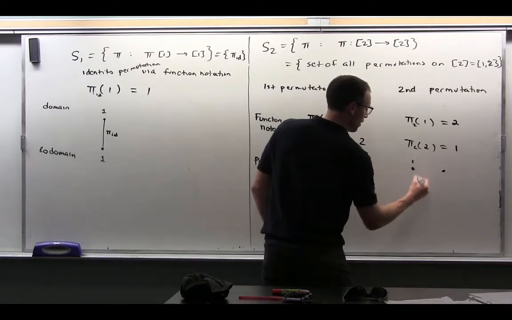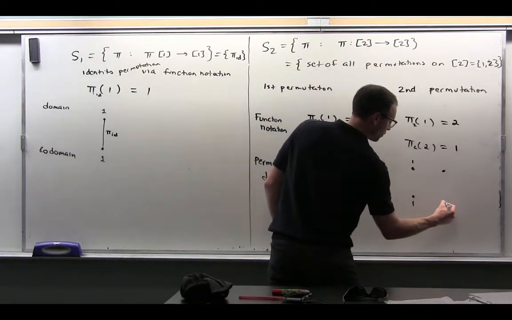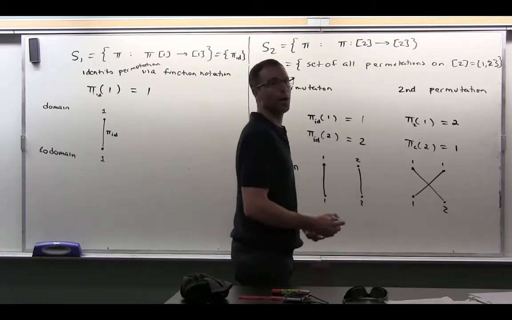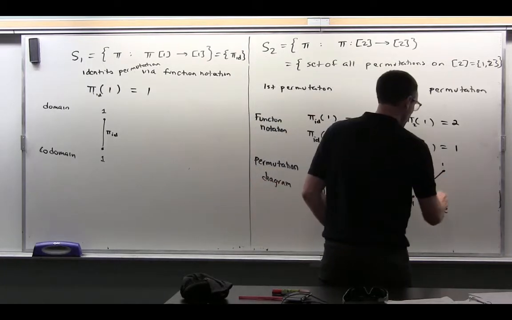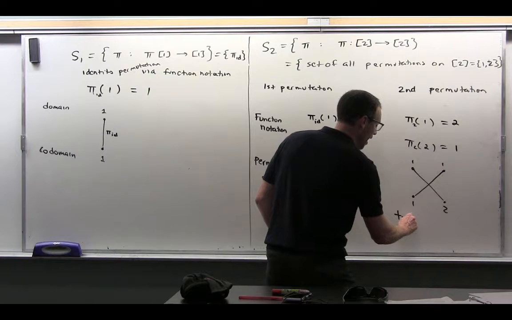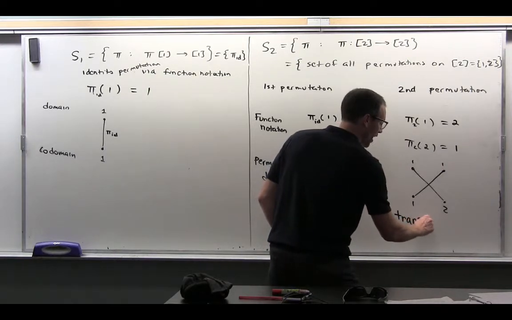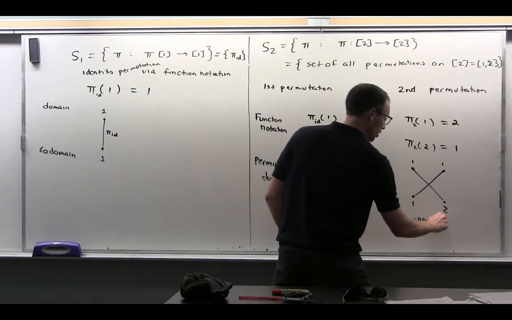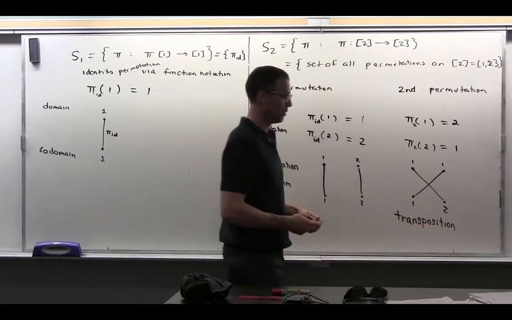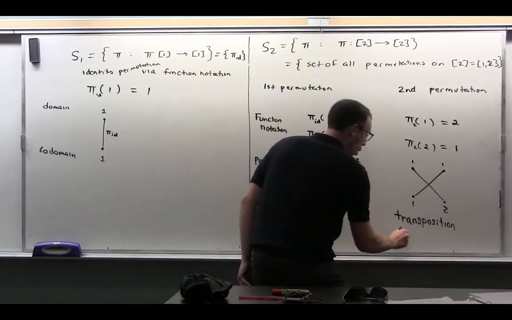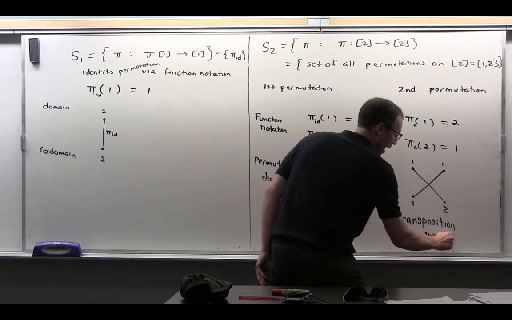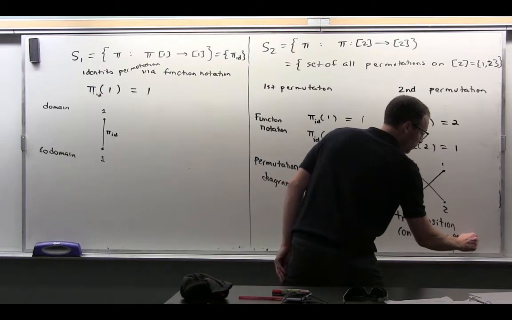This thing looks like this. 1 goes to 2, 2 goes to 1. This is an example of a permutation that is very, very special. It's called a transposition. It only swaps a pair of inputs.